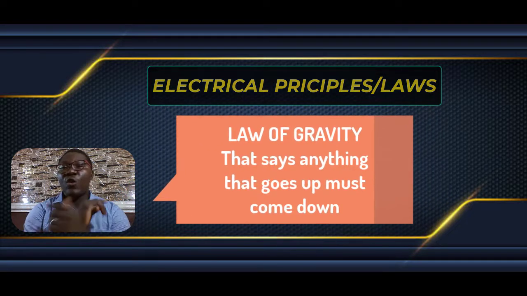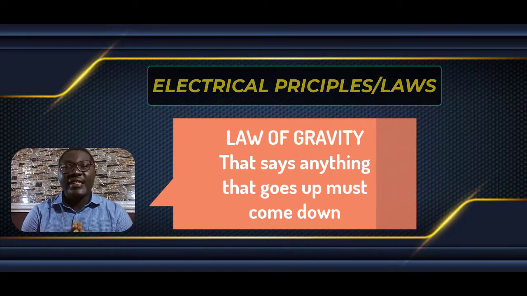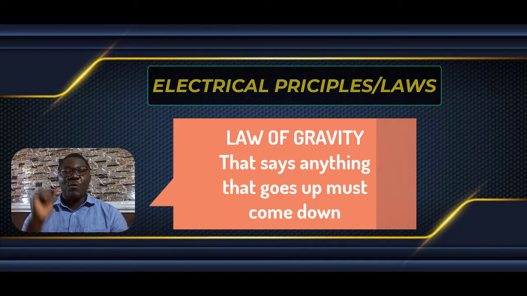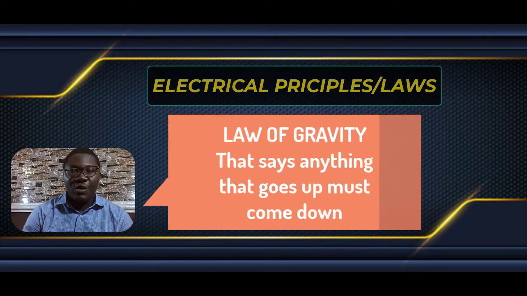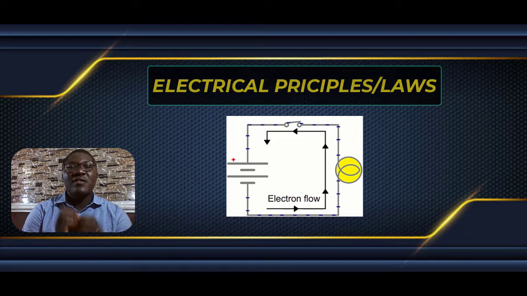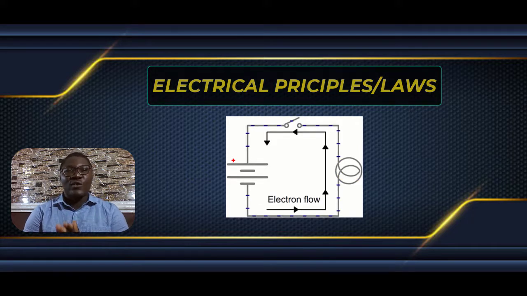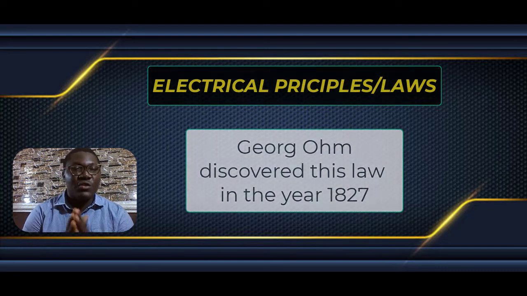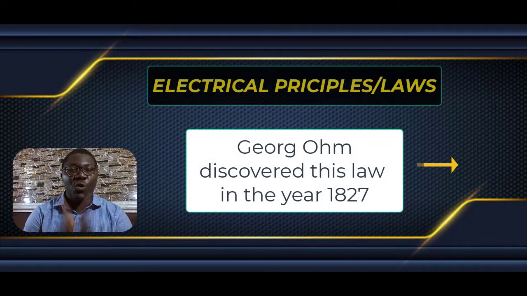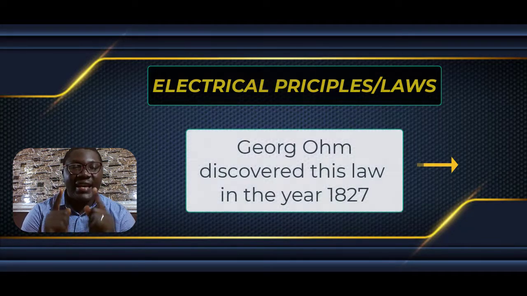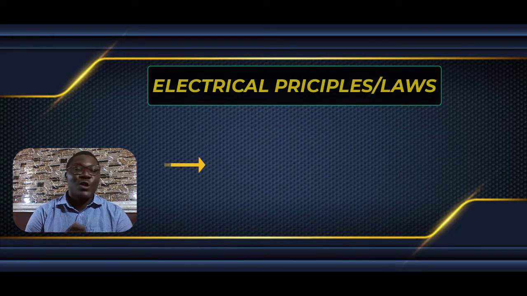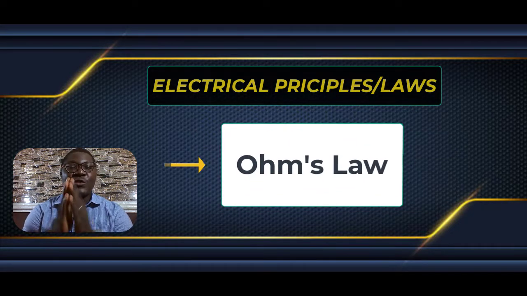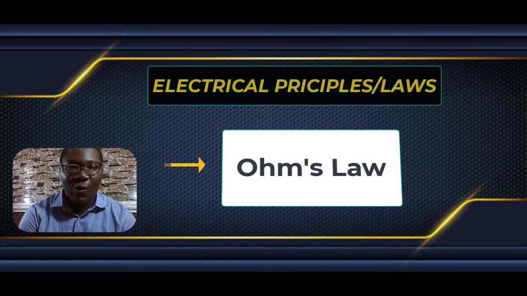That is the law of gravity, that says anything that goes up must come down. So also electricity has its own laws that are guiding it. The law on electricity was discovered by George Ohm in the year 1827. No wonder it is known as Ohm's law.